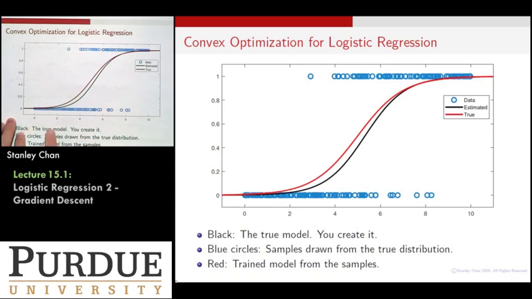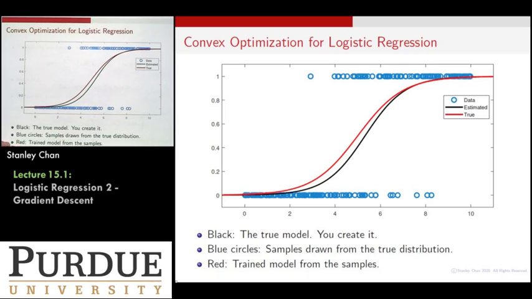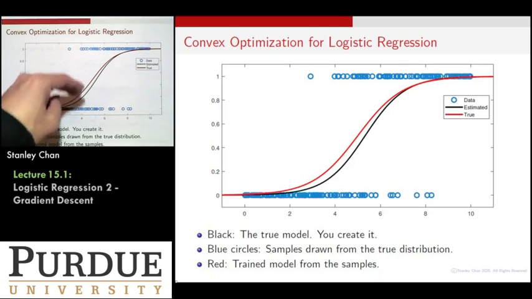Now, this is a diagram I generated on my computer. We discussed this last time. I think I made a mistake here. It's not black, this is red. So you start with a true model, which is the red line. The true model tells you the distribution, how you are going to sample the zeros and ones.